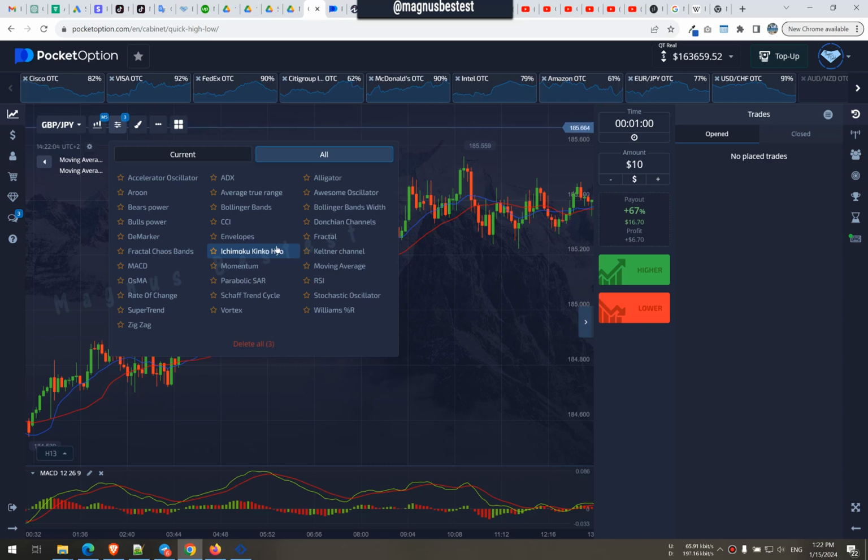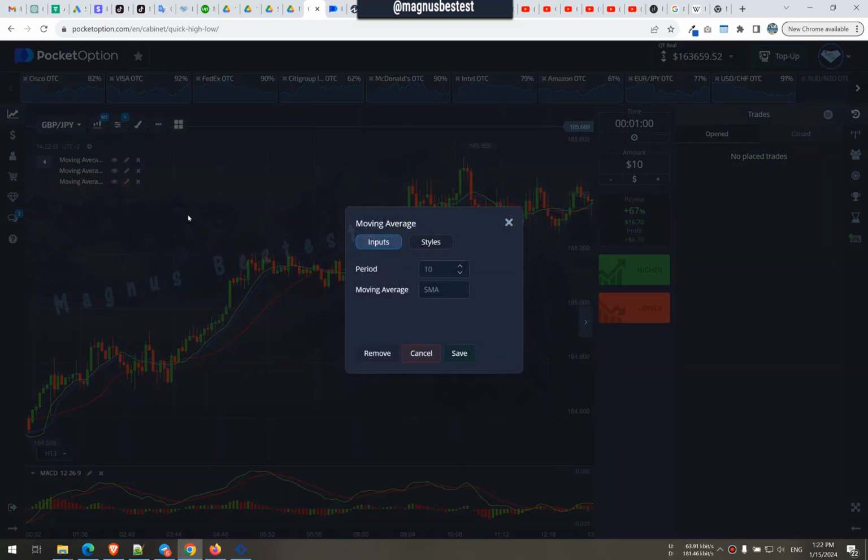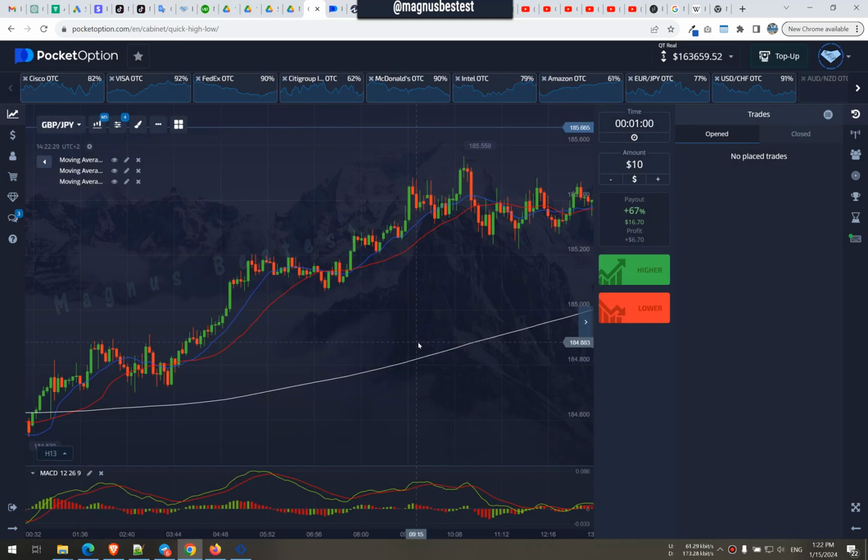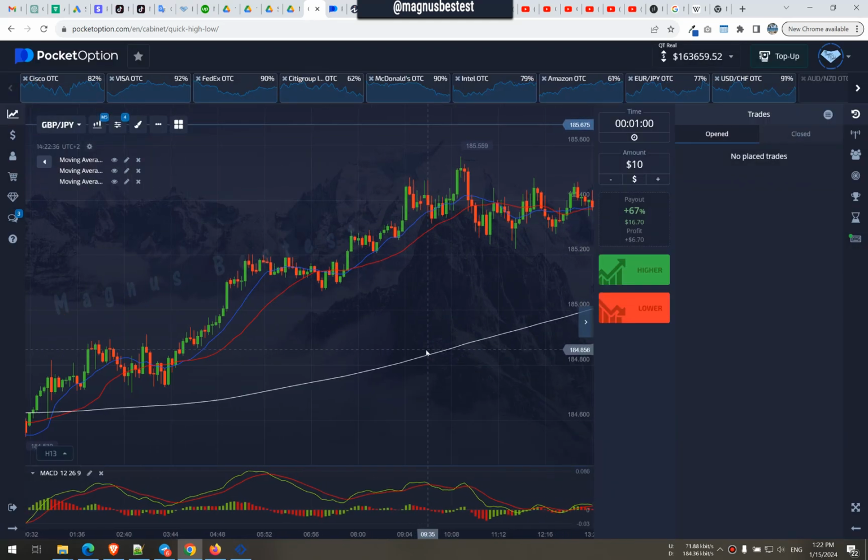So we'll put on the chart another moving average, so that we can find out what's the trend. Let me put it to 200. The color will be white. Okay, so this is the moving average 200, simple moving average.